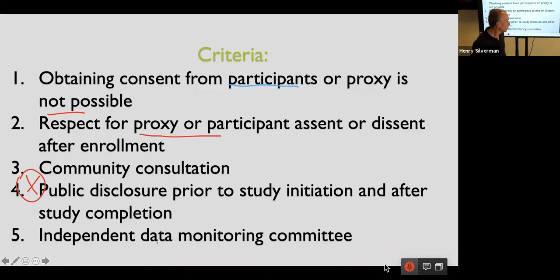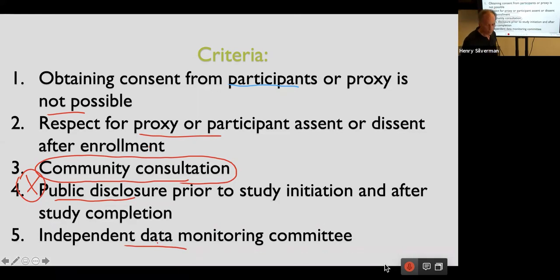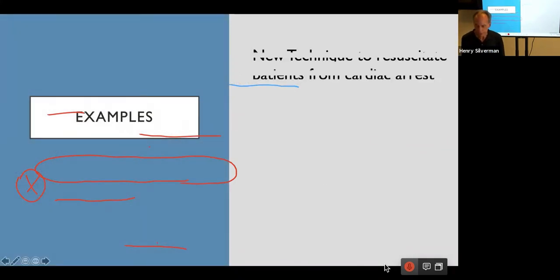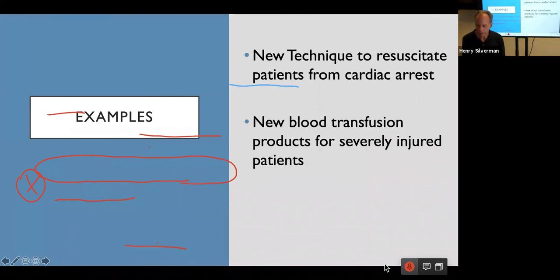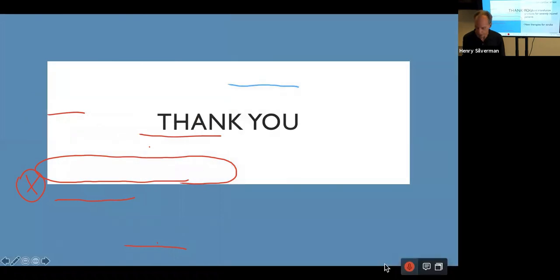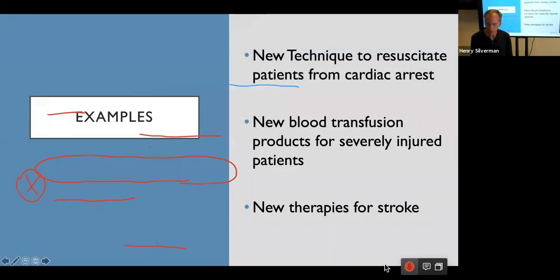Also, before doing the research, you have to consult with the community. You have to let somebody know that you're doing this type of research. It has to be public disclosure prior and after the study completion, and there has to be an independent data monitoring committee. So examples: new technique for patients with cardiac arrest, new blood transfusion products for severely injured patients, and new therapies for stroke. So those are some of the common examples.